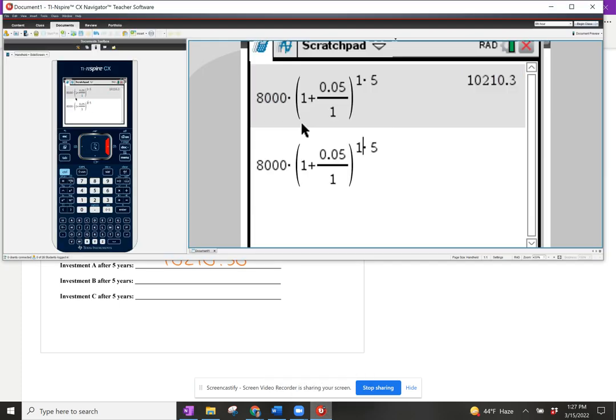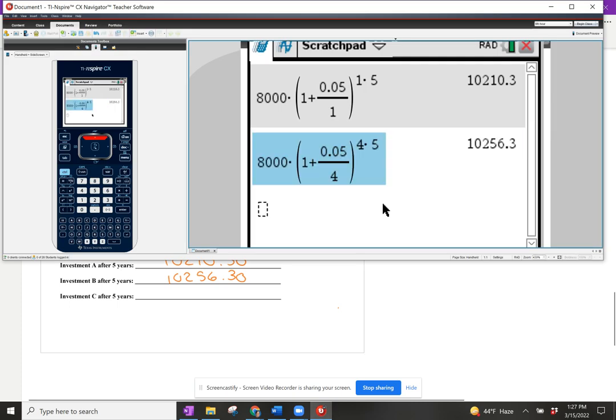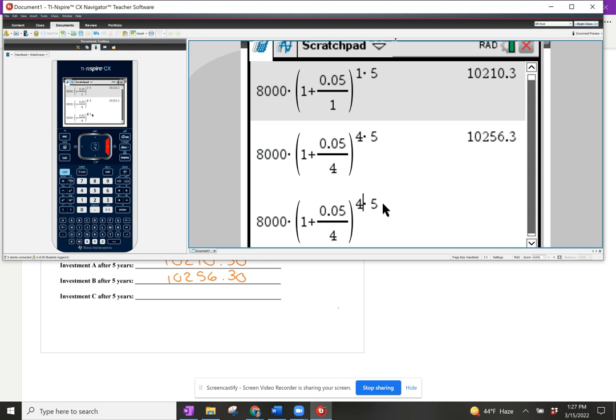If you're good at copying and you're going to remember to do both, you can copy and paste. So this one's going to be $10,256.30. Now this one goes back to one interest period per year, but it's at a different rate.